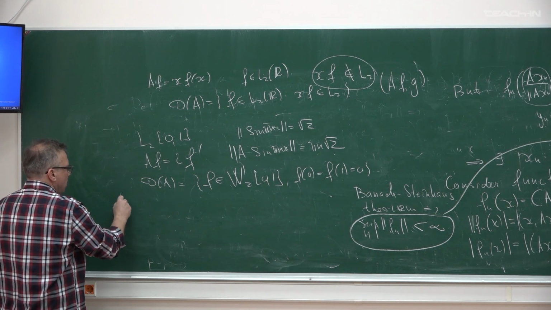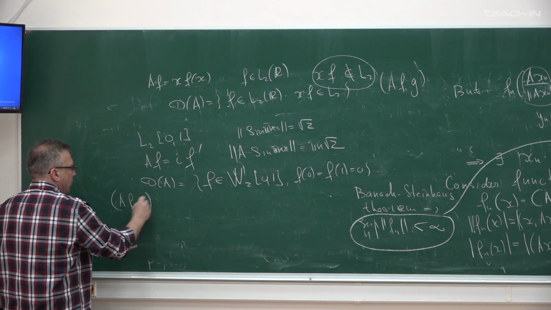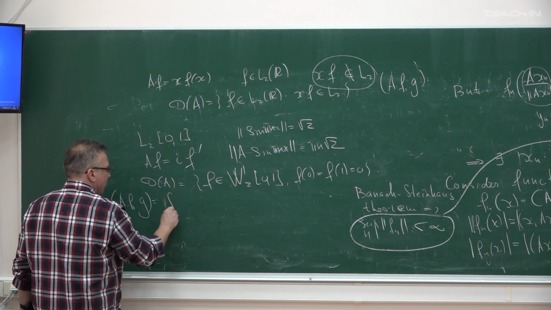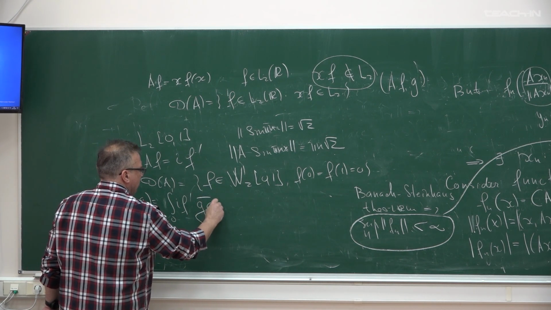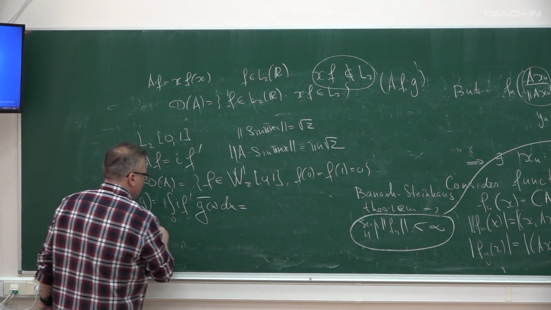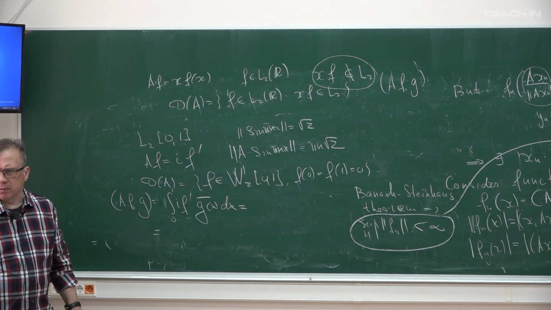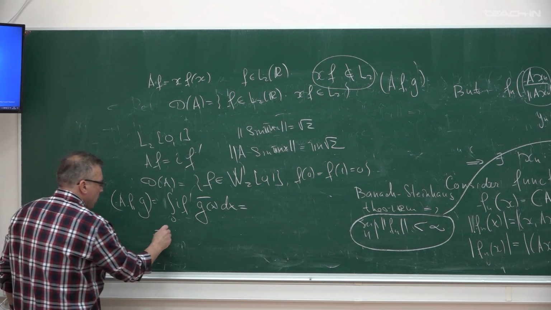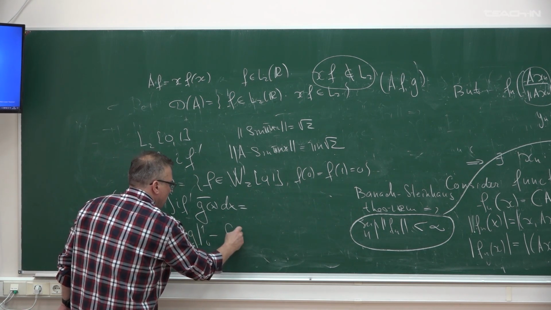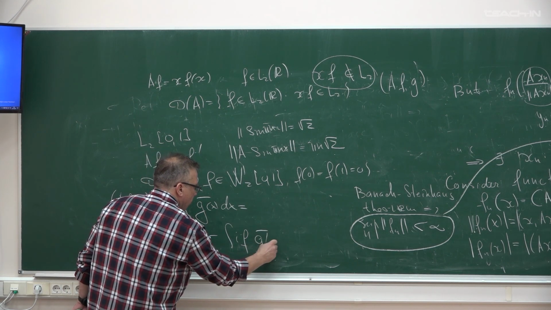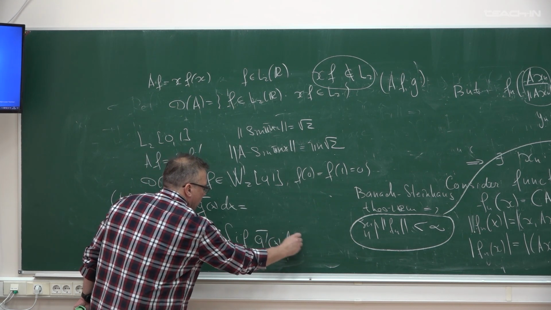It's easy to see, let's integrate by parts. i f g over 0, 1 minus the integral of i f g prime dx.